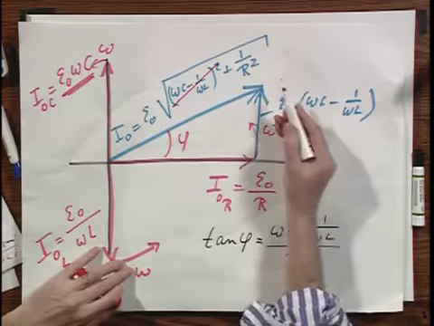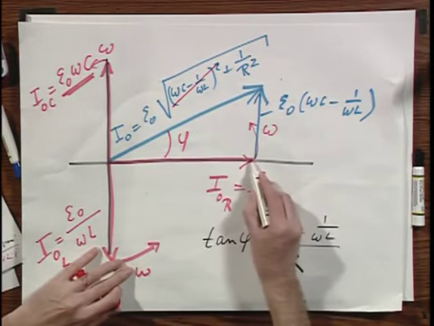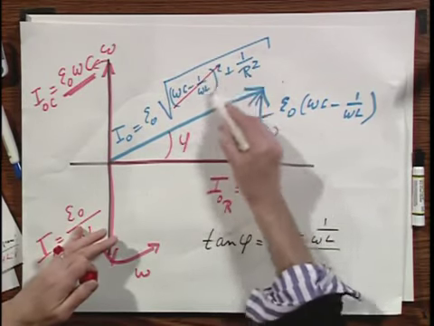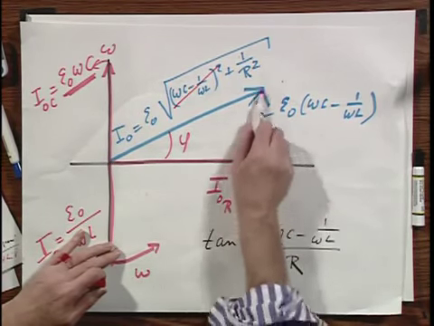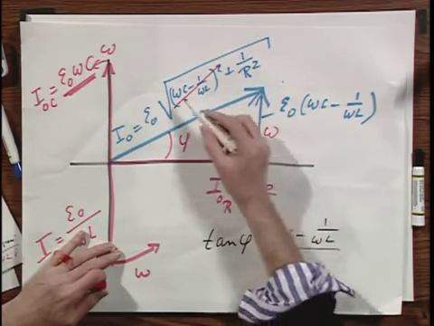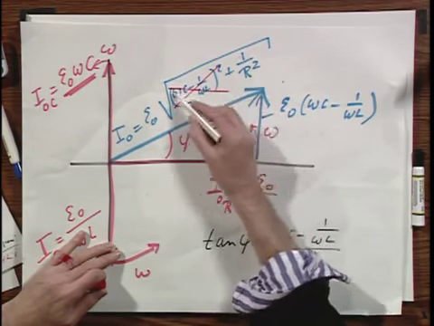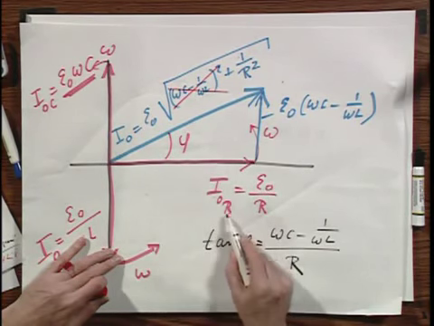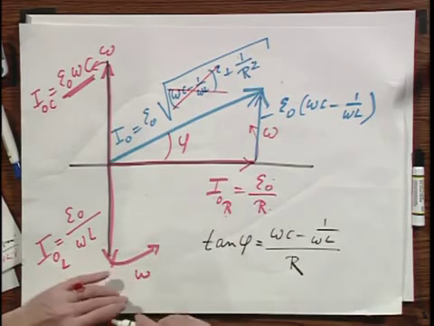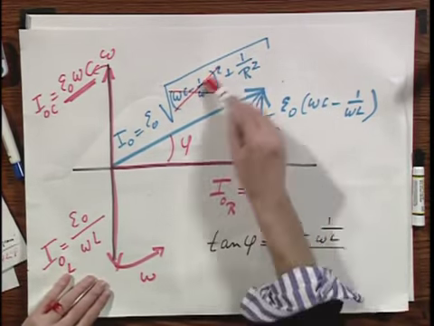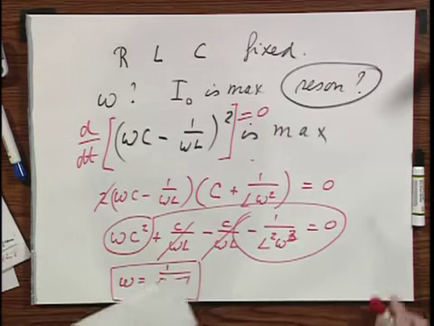This arrow, which is the one I have left if this is 0, is always shorter than if this is not 0. Any value that I have in this vector that is non-zero will make the current larger. So the current will be a minimum when this one is 0, and I only have I0 times R equals E0 through R. So you can look at the phasor diagram and convince yourself that when this is 0, you actually have a minimum in current.